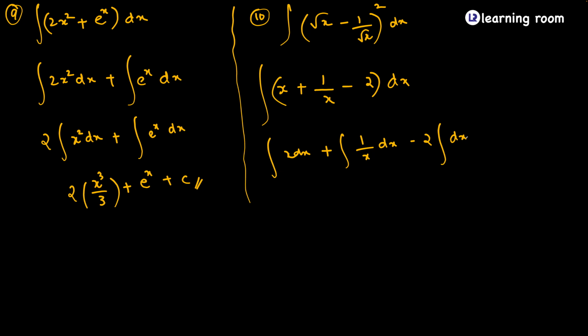Is the point clear here? So what is the integral of x dx? It is going to be x squared by 2. What is going to be the integral of 1 by x? Basically it is log of mod x. Right? Minus 2 times x plus c. So it is x squared by 2 plus log of mod x minus 2x plus c. Clear with this?